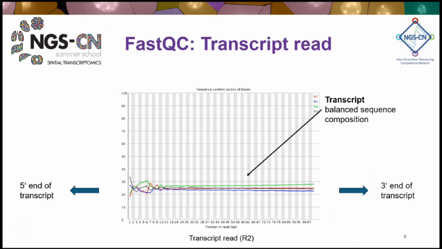What we can see is that because this read contains transcript information and we sequence many different genes with different sequences, this transcript read has a balanced sequence composition. So it is already an indication that we have a good quality. The only interesting thing is this pattern here on the left.